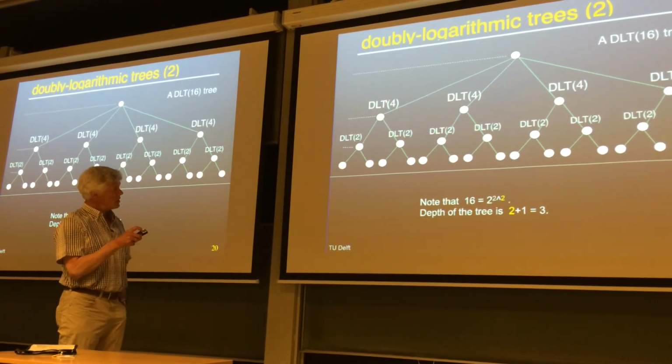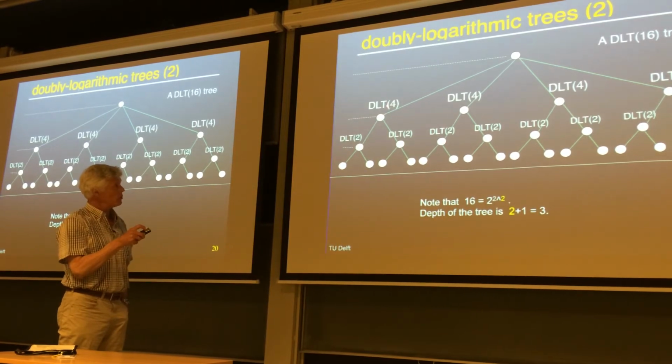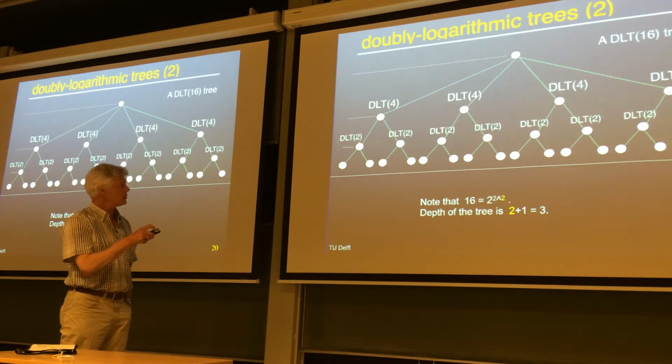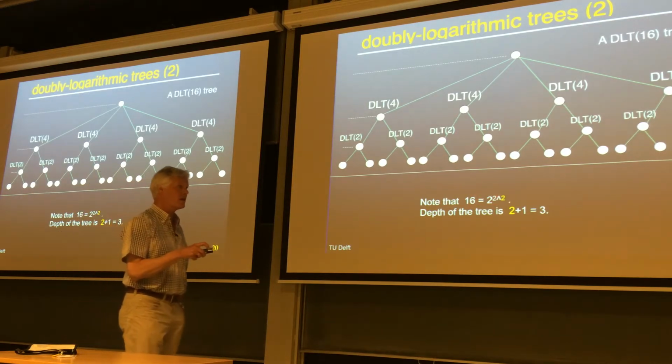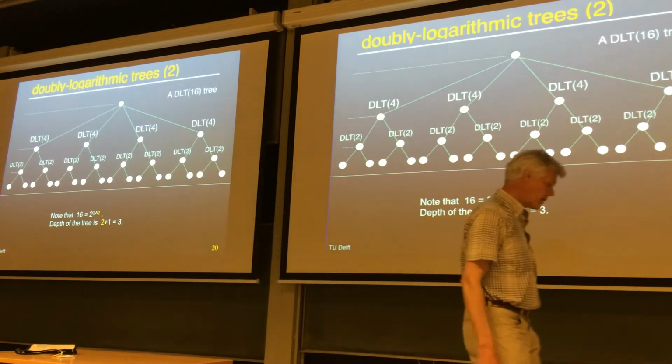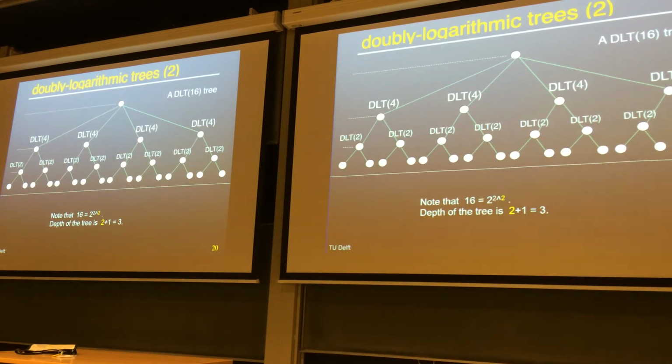Each of these is the root of a DLT4 tree, and a DLT4 tree has 2 children, and each of these children is the root of a DLT2 tree. And DLT2, of course, is the base case. Okay? Now note that 16 is 2 to the power 2 to the power 2, so the depth of the tree is equal to 3.